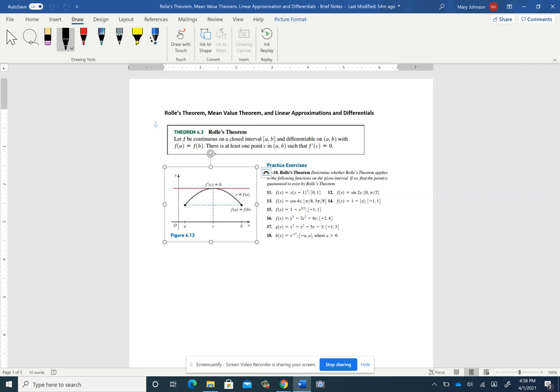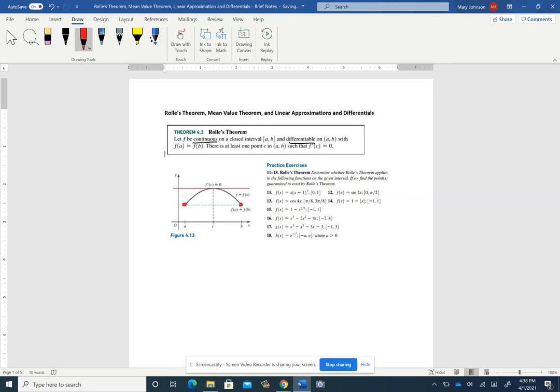All right, so with Rolle's theorem, it's really saying something pretty simple. It says if you have a function that is continuous on an interval and differentiable, except maybe at the endpoints, and you know that there are these two points that have the same y value, okay?